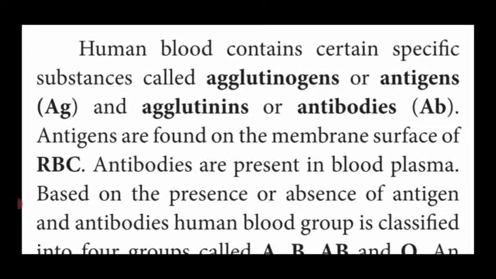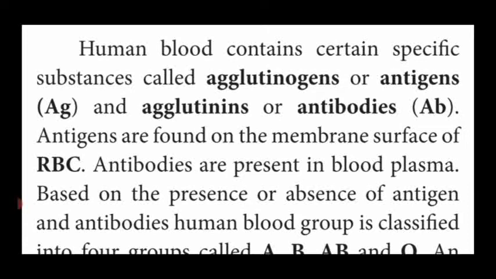Antigens are present on the outer surface of the RBC. The red blood corpuscles are contained in the liquid substance called blood, which is red in color due to the red pigment known as hemoglobin, isn't it? So on the outer surface of the RBC they have agglutinogen or antigen, symbol Ag.